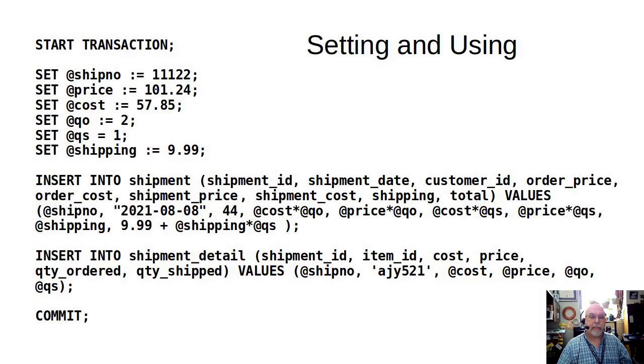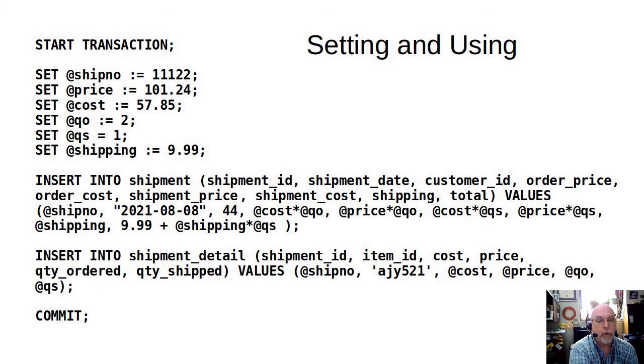So here is an example with a few more details of actually setting and using variables and maybe why you would want to use them. For instance, we have created a variable called shipno, or the shipment number, of 11122. We've created a price and a cost variable, quantity ordered and quantity shipped variables, and then a shipping amount variable.